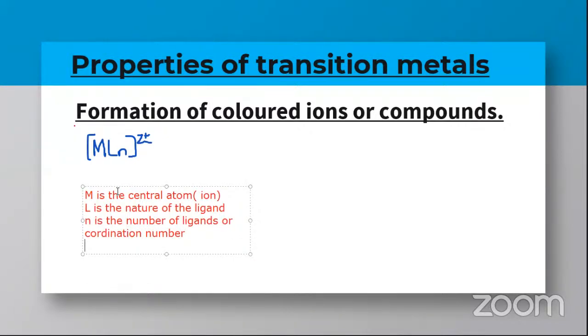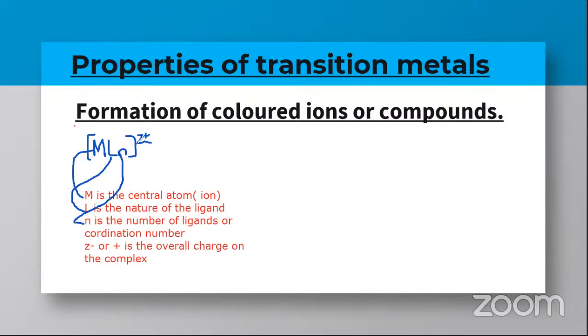Then lastly, our Z, which is negative or positive, is the overall charge on the complex. So that is what I mean. So M is this one, then our L is this one, then n is this one, then our Z is this one.